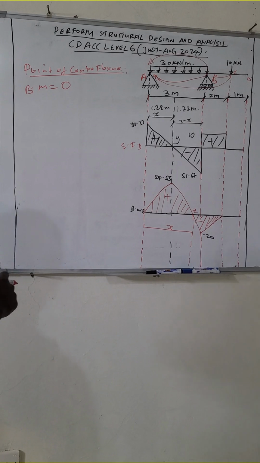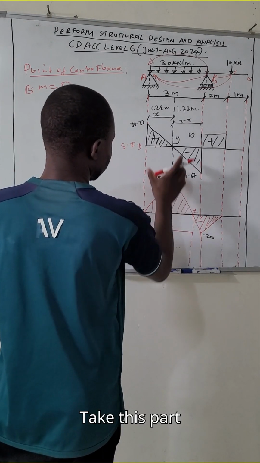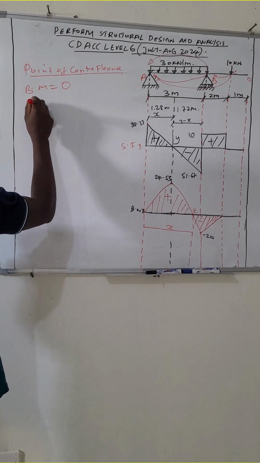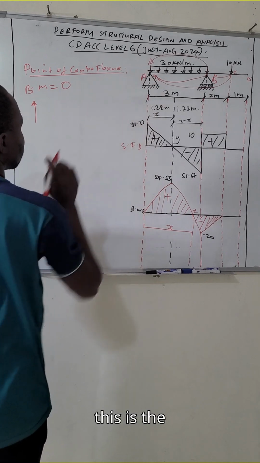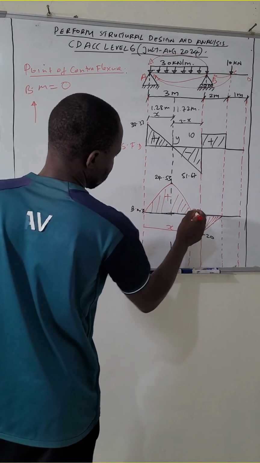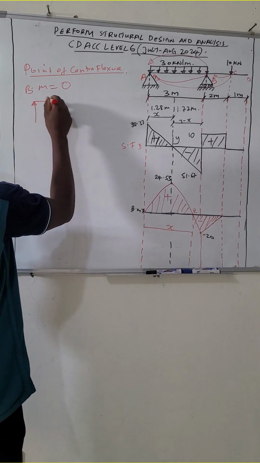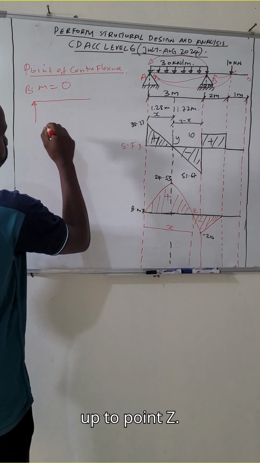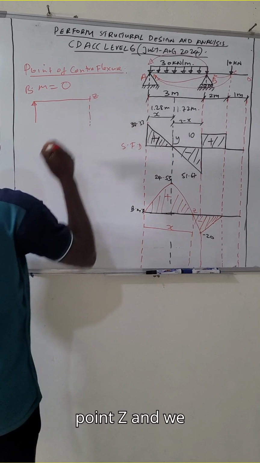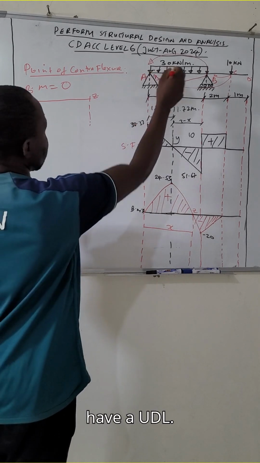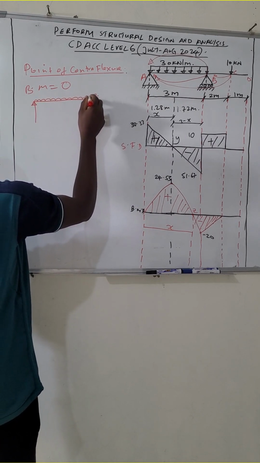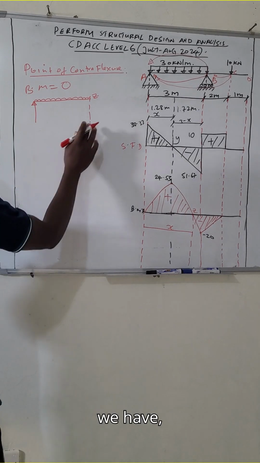If I take this part and draw it here, this is the support, and then up to point Z. So this is point Z, and we have a UDL up to this point Z.